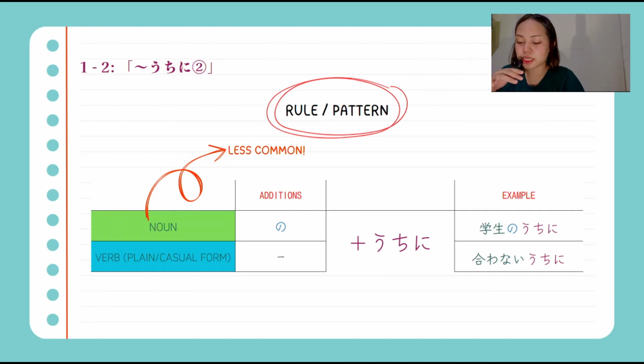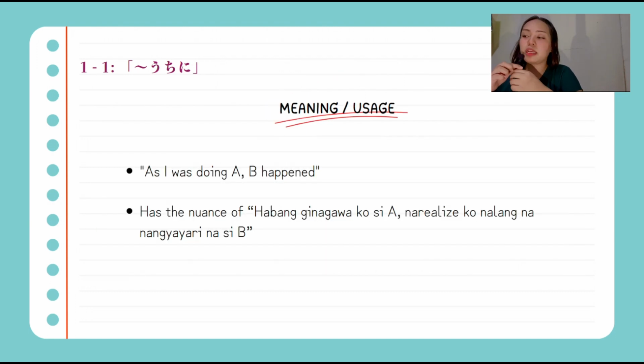Now, let's discuss kung ano naman po kaya ang pinagkaiba ng usage nito sa unang uchini na inaral natin. Okay, meaning or usage. As I was doing A, B happened. So, kung yung uchini na ating inaral, the first one, no, it means habang.